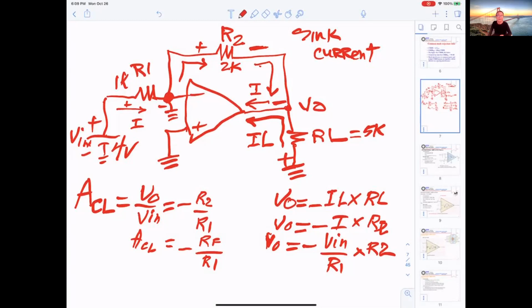They're not using RF, but you must know which one will be RF. So when you see this circuitry, you know it is an inverting amplifier, and the gain will be minus RF over R1.